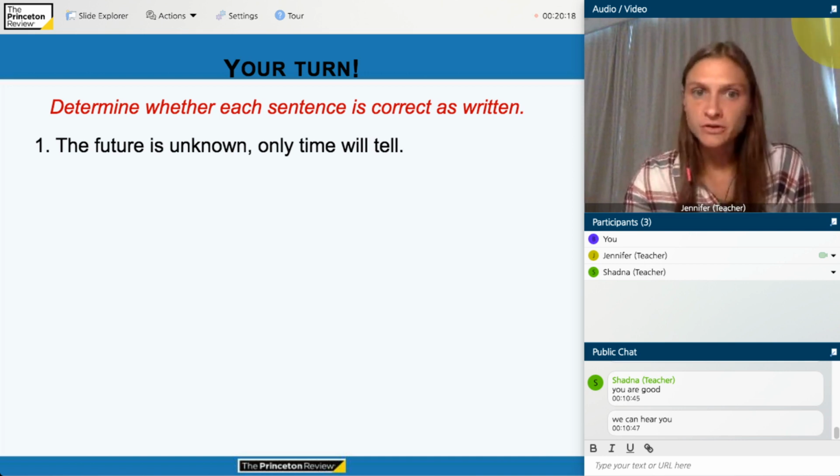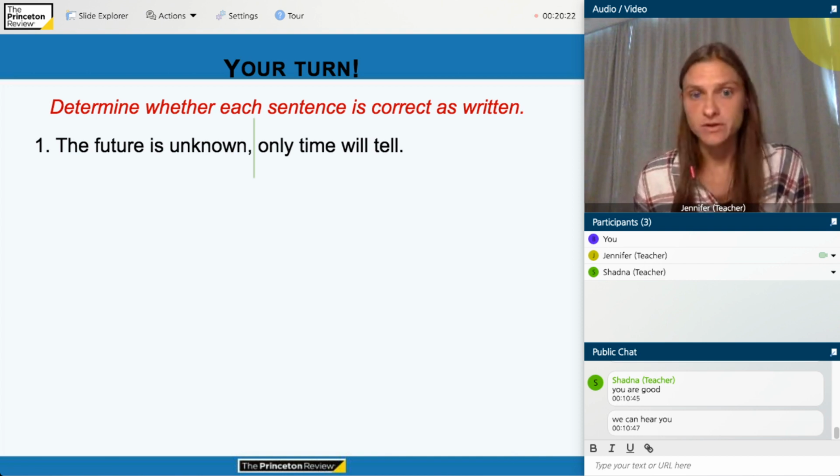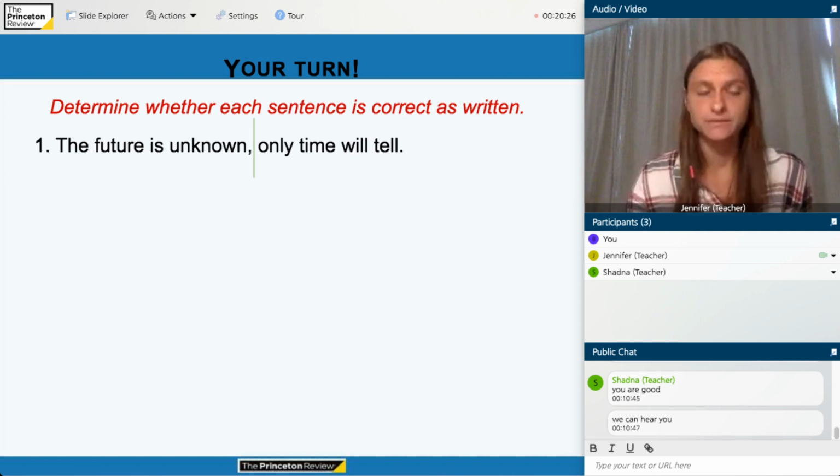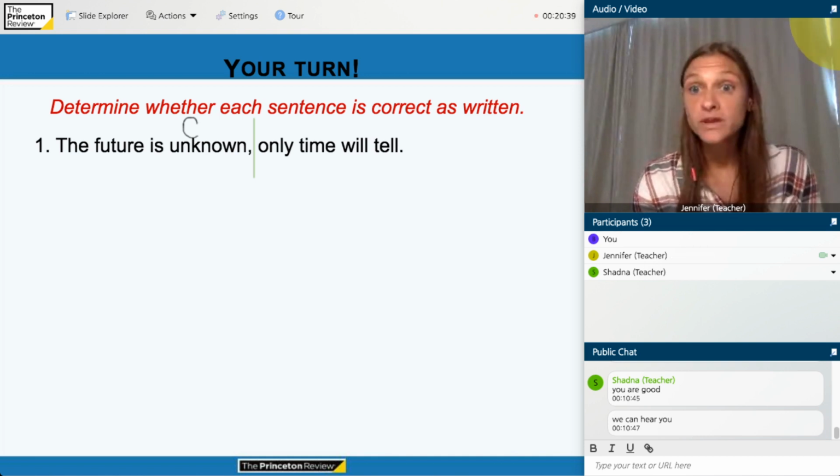If we draw the vertical line right down the middle, ask yourself, the future is unknown, is that complete or incomplete? Can it stand on its own? The future is unknown. It's complete, right? That can totally stand on its own. And the next part, only time will tell. That's also complete.